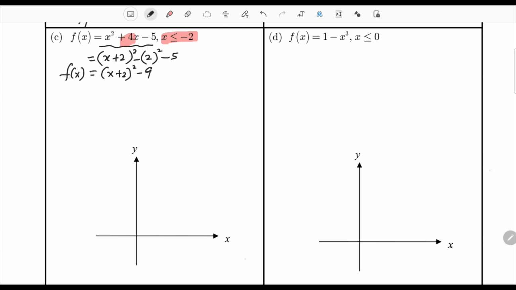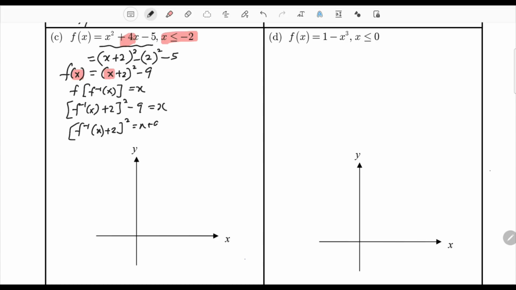To get the f inverse, we are going to use f of f inverse of x equal to x. So we are going to substitute instead of x here, it should be f inverse. So we are going to get (f inverse of x plus 2) squared, everything squared, minus 9 equal to x. Simplify further, (f inverse of x plus 2) squared equal to x plus 9. So let's move to this side.